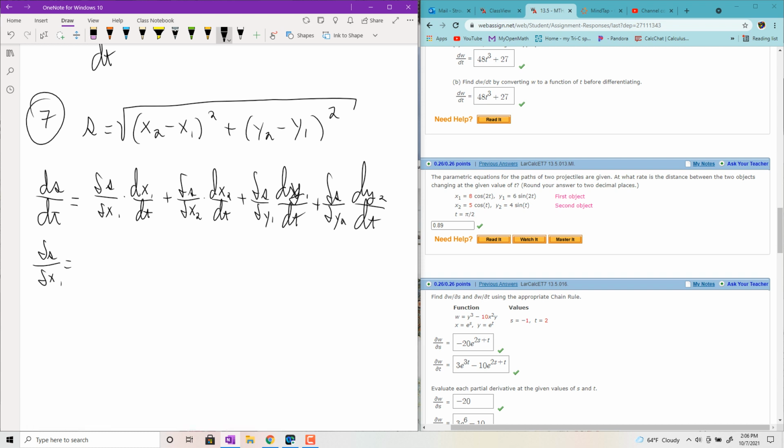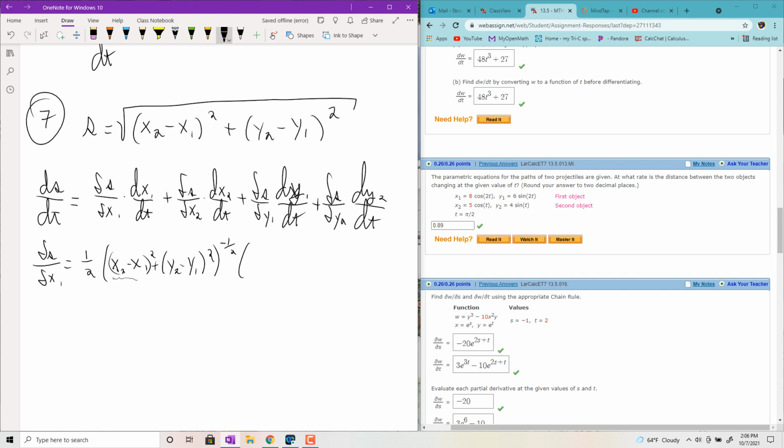So that will be 1/2 times x2 minus x1 squared plus y2 minus y1 squared to the negative 1/2 power, that's the power rule, and then the chain rule. I need the derivative of the guts with respect to x1.